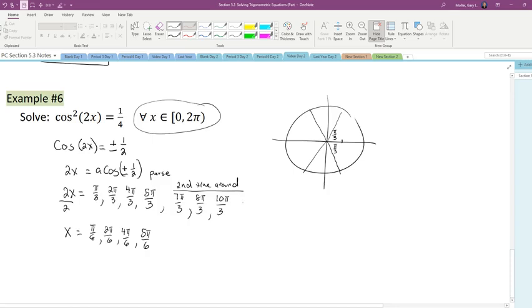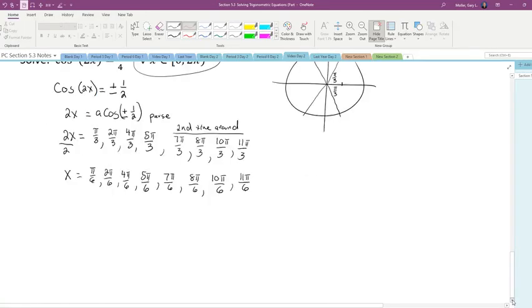And 11 pi over 3. So now when I divide them by 2, I get 7 pi over 6. That fits. 8 pi over 6. That fits. 10 pi over 6. Ooh, I should reduce these. And 11 pi over 6. 12 pi over 6 is 2 pi, so I'm definitely under.